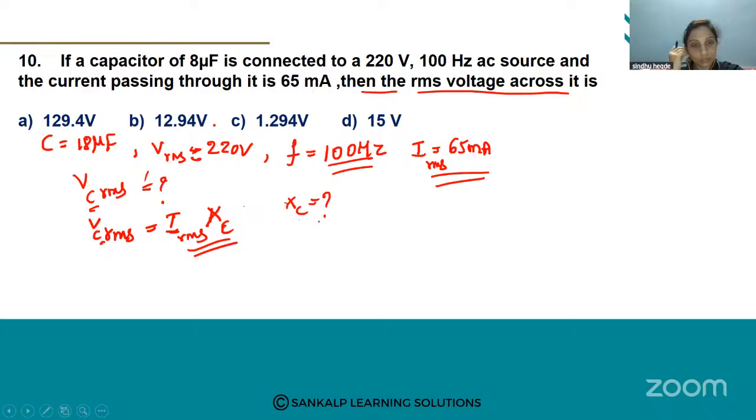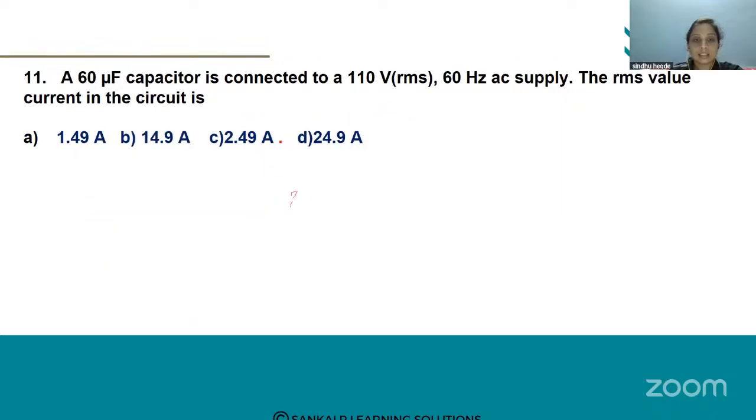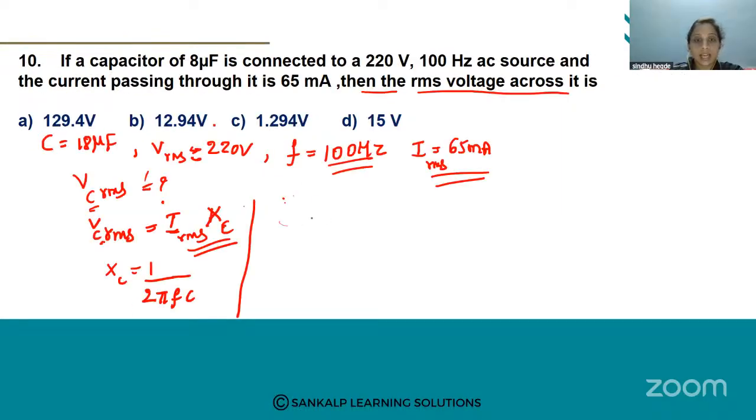What is the formula for capacitive reactance? XC is equal to 1 by 2 pi FC, right? So now calculate, all the values are given.